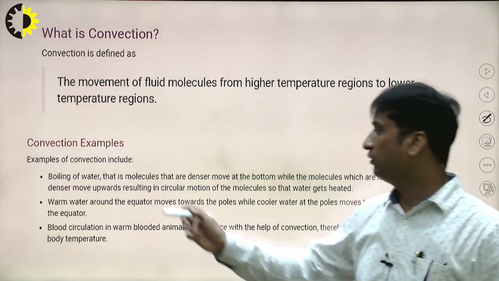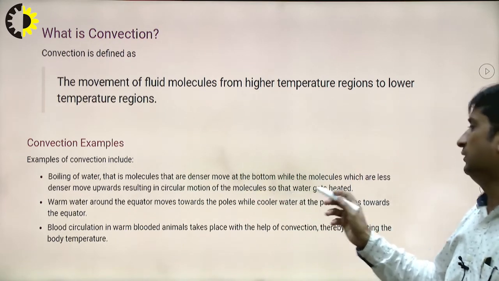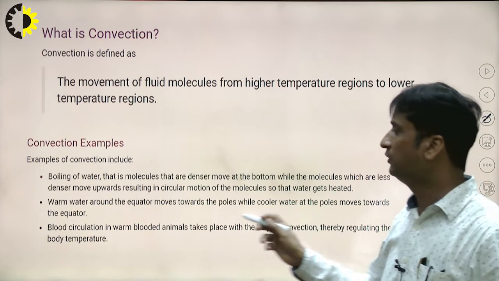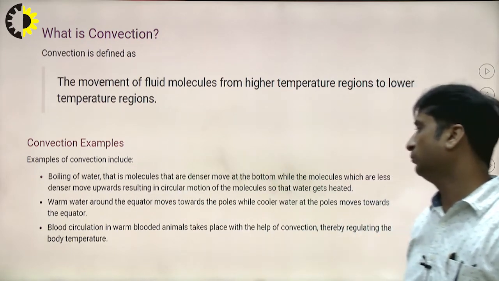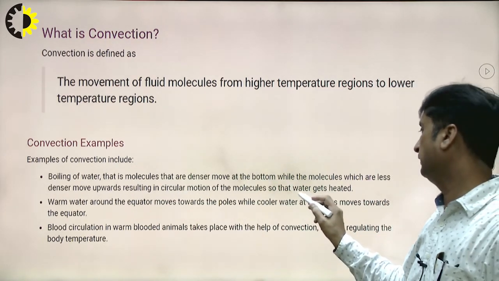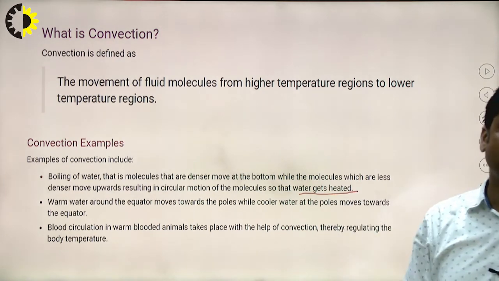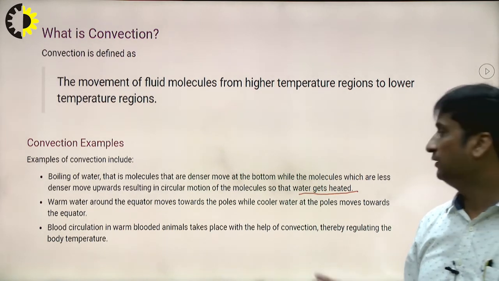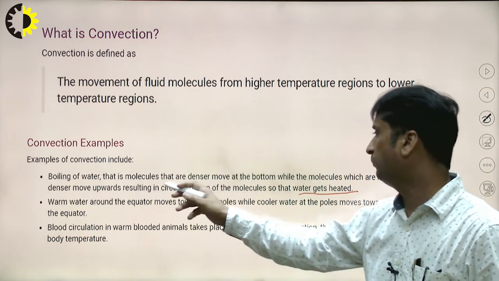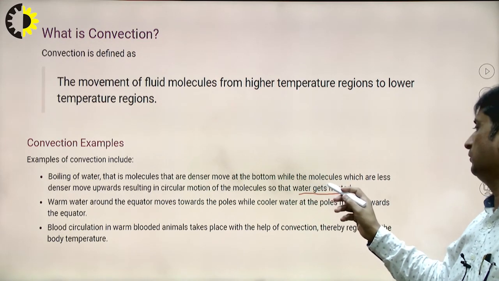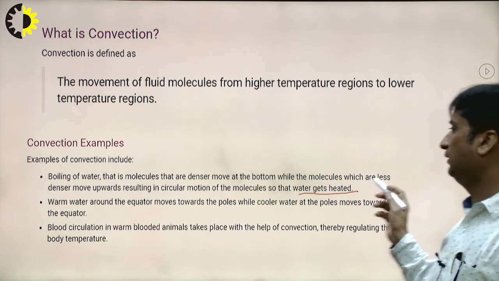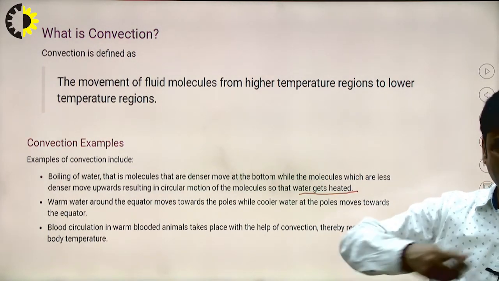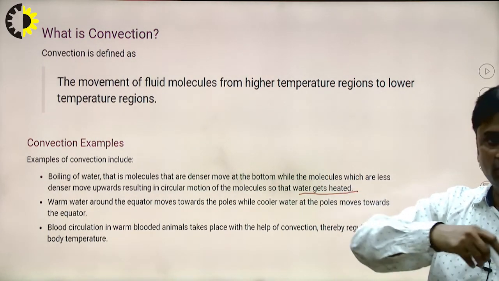Like the boiling of water, the denser molecules move to the bottom while the less dense molecules move upward, resulting in a circulating motion of the molecules so that the water gets heated. This is how it moves in a circular motion in boiling water.